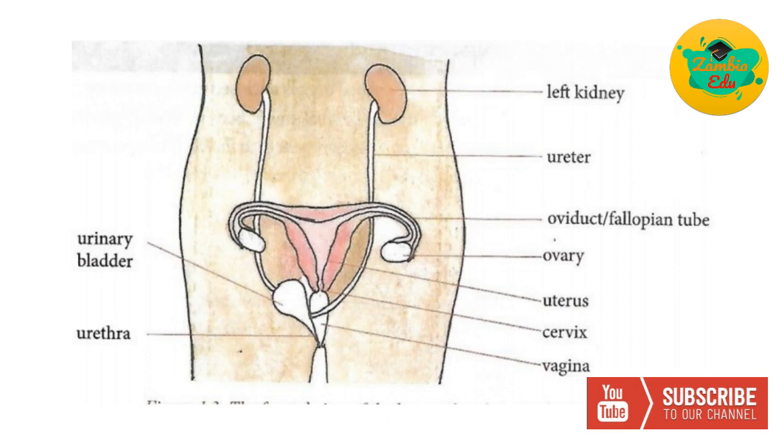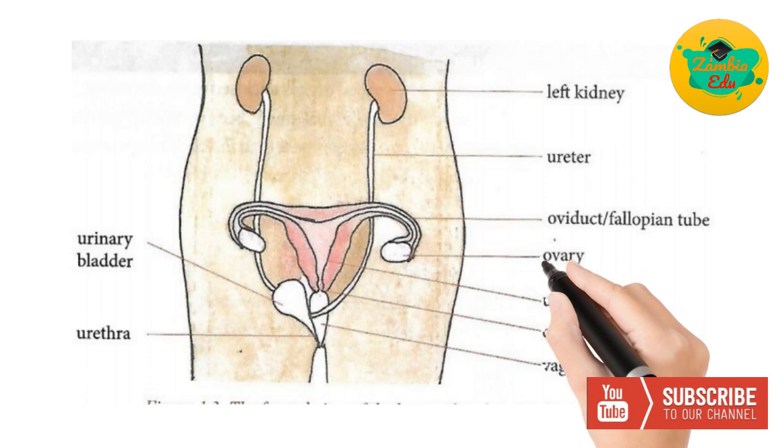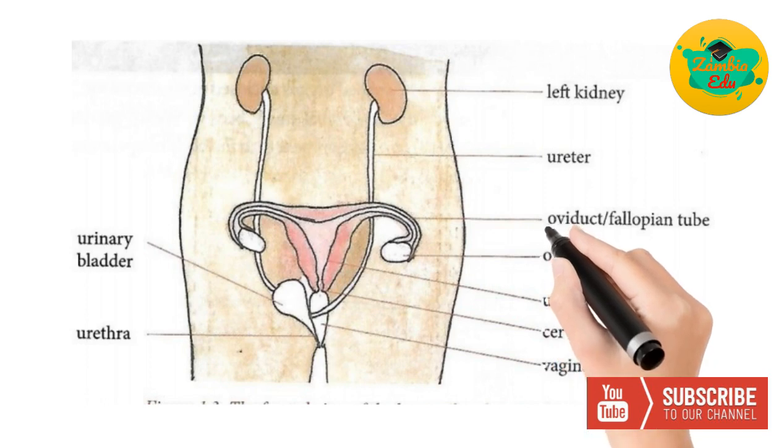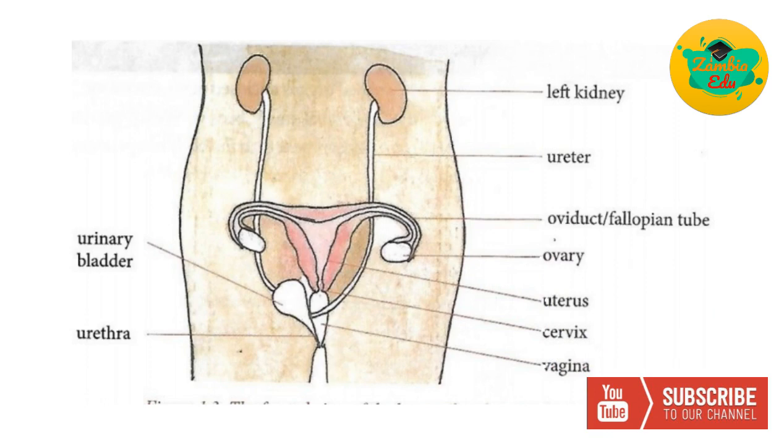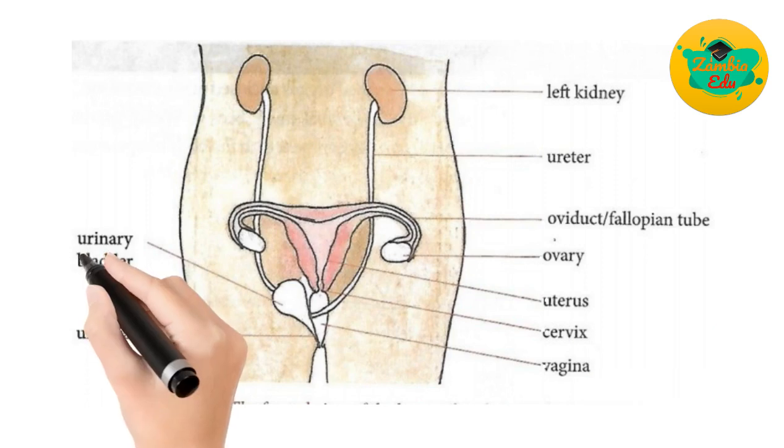So I can see the vagina there, the cervix, the uterus, the ovary, the oviduct, which is also called the fallopian tubes. I can see the urethra there. I can see the urinary bladder also there.